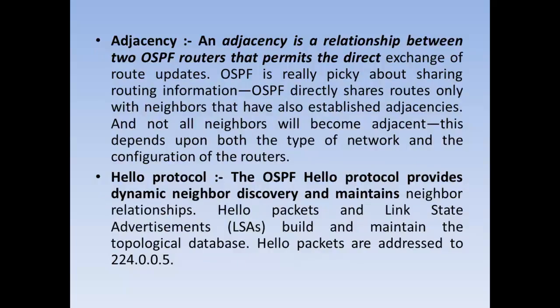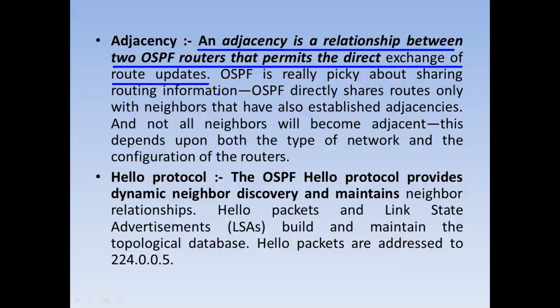So next one is the adjacency. In normal terms, adjacency means maintaining the neighborship. Adjacency is the relationship between two OSPF routers that permits the exchange of route updates. In case of RIP, as soon as we configure the RIP protocol, they become neighbors. But it does not happen in case of OSPF.